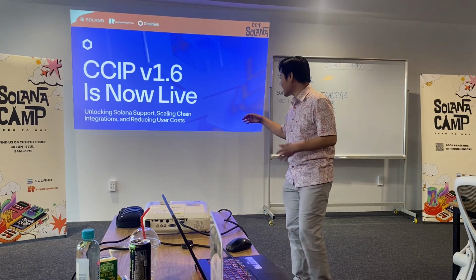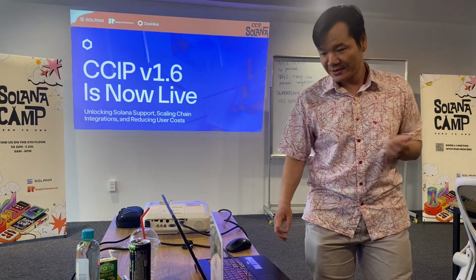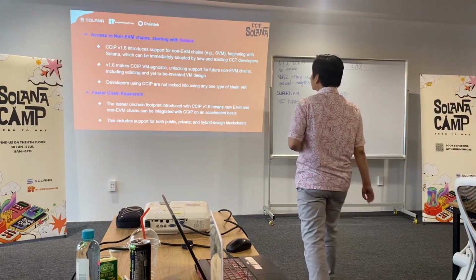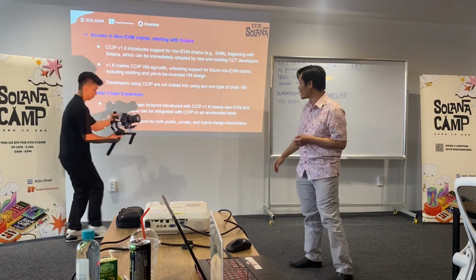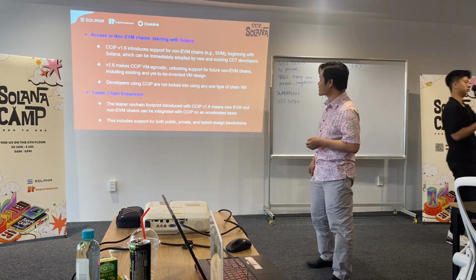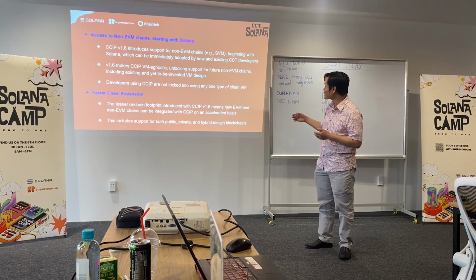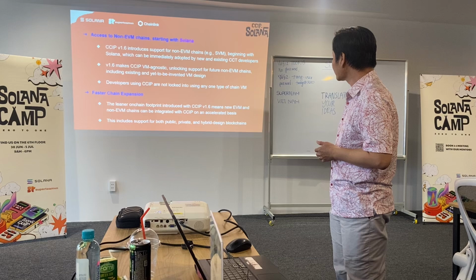CCIP 1.6 supports Solana, and assets can be transferred to Solana and back. There is a lot of technology here, and you can see we can support non-EVM chains with the SVM protocol at the core. With version 1.6 we can do many things, such as lock-and-mint and burn-and-mint token models.